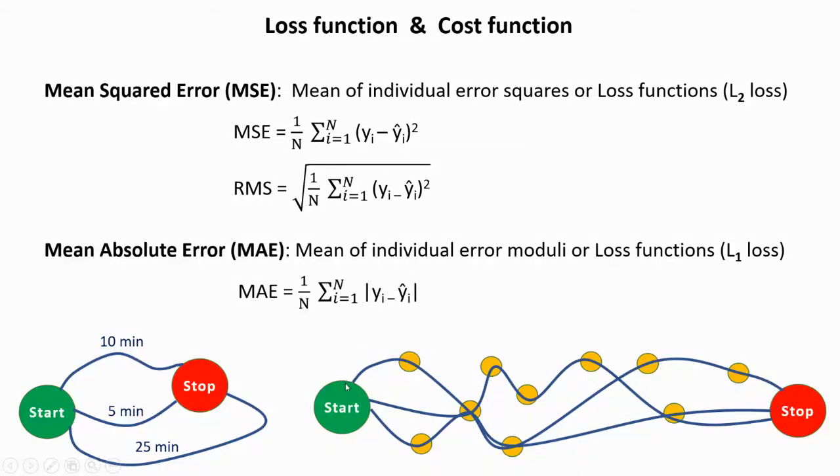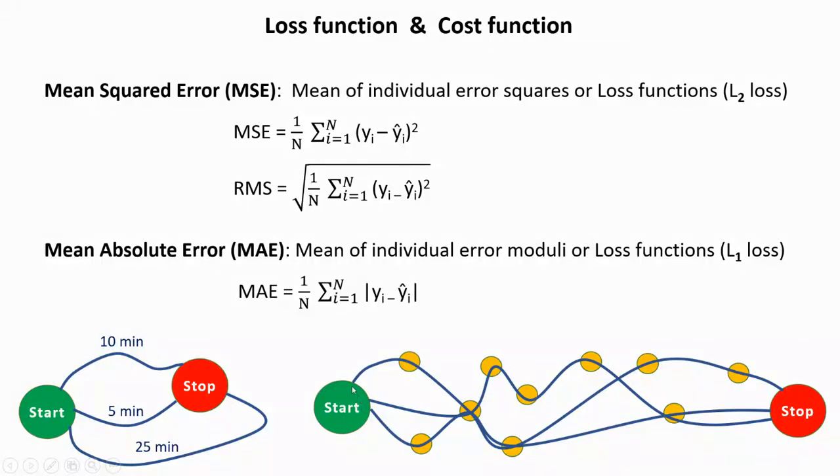It is possible that you take the longest path from start to this node, and then from here on you take the shortest path, and that might end up being the shortest overall. It is possible that from here to here you take the shortest path, and then from here to here the longest path, and you still end up with the smallest total path. It is possible, right? Yes, ma'am. So it depends.